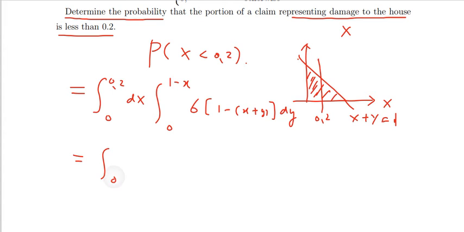So 0 to 0.2. Integrating out the 1 gives 1 minus x, right? And minus this x, where x is constant, so x multiplied by 1 minus x. And minus y integrated out is half of 1 minus x squared.